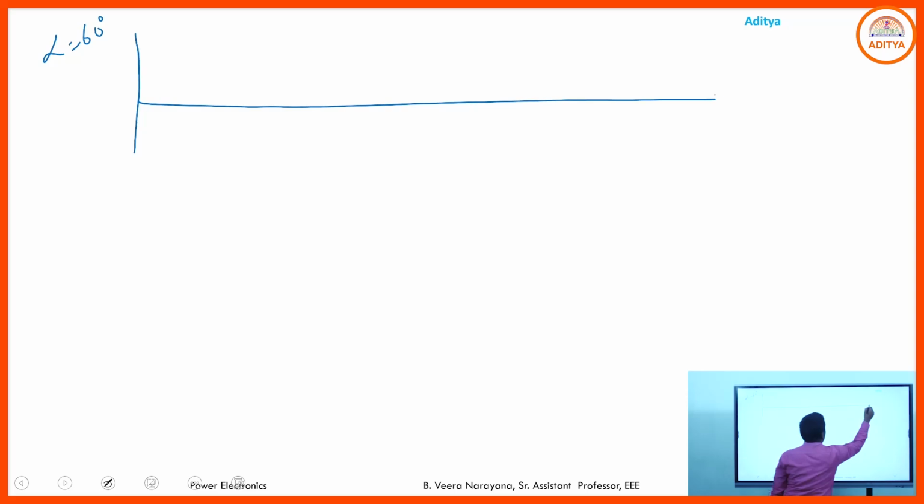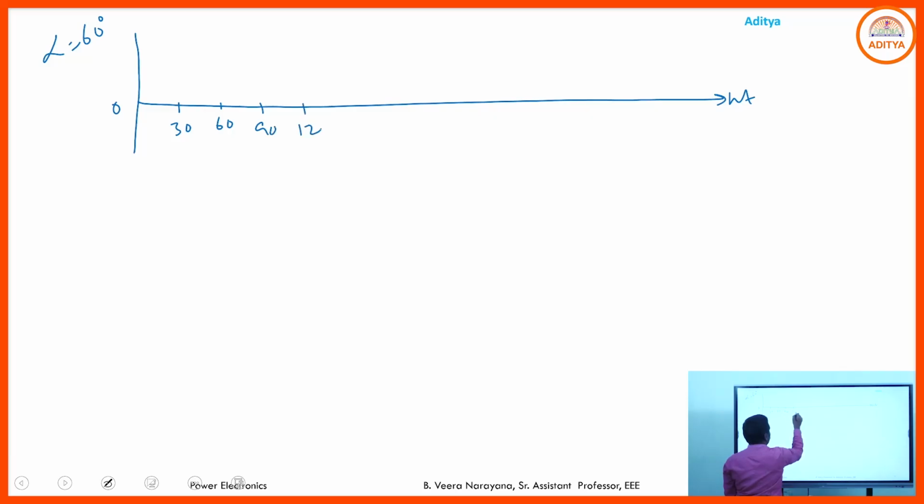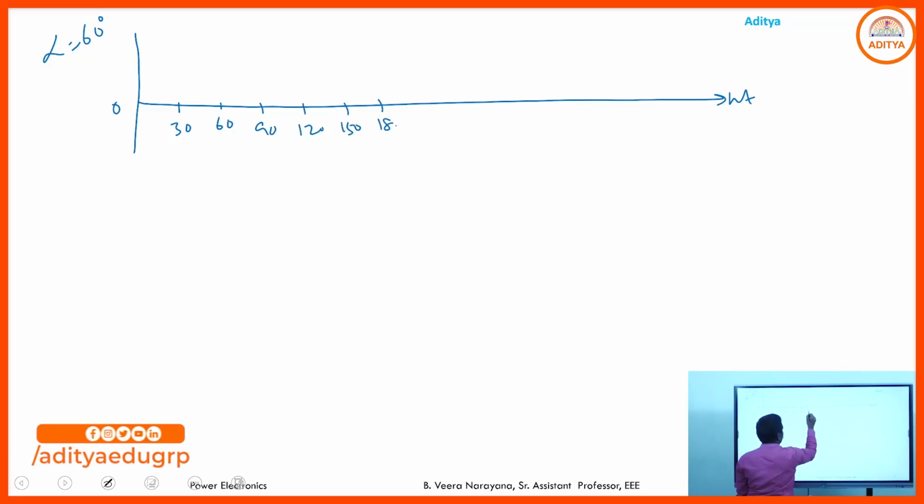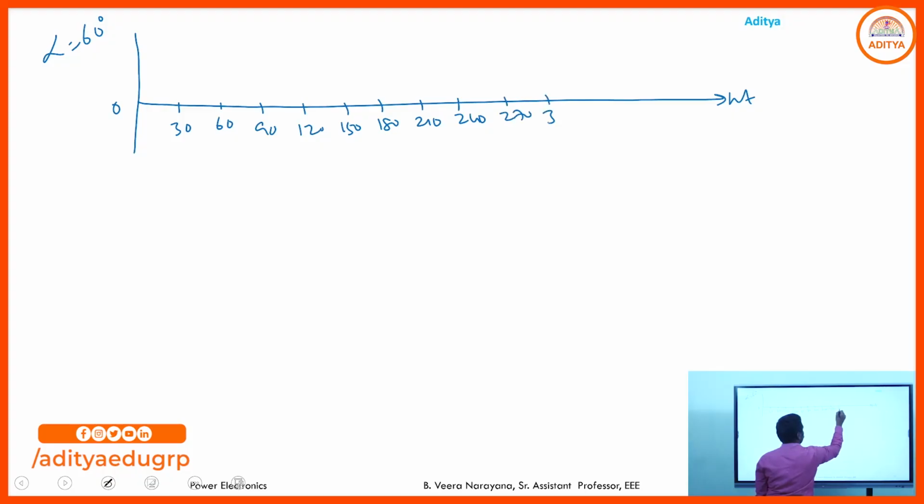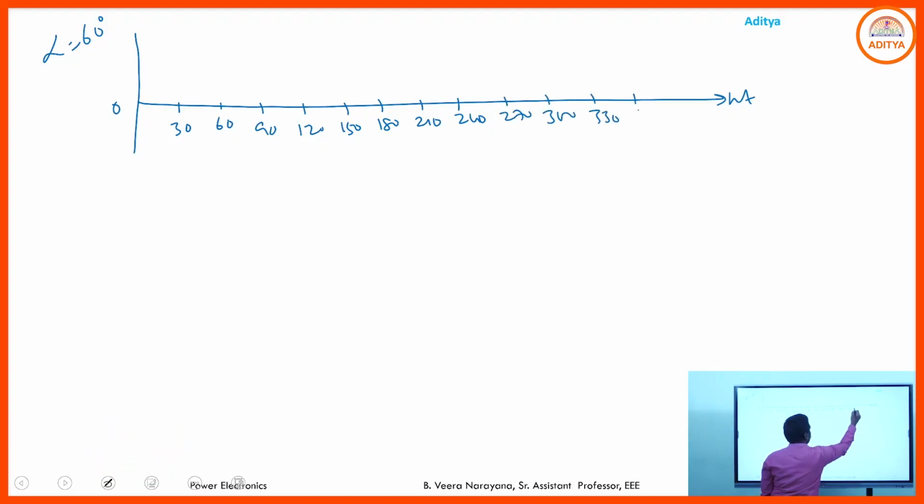Now I just want to draw the output voltage waveform for alpha equal to 60 degrees. For alpha equal to 60 degrees, what is the timing diagram here? 30, 60, like this.